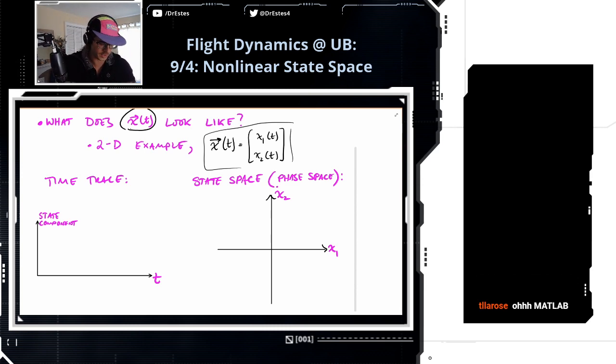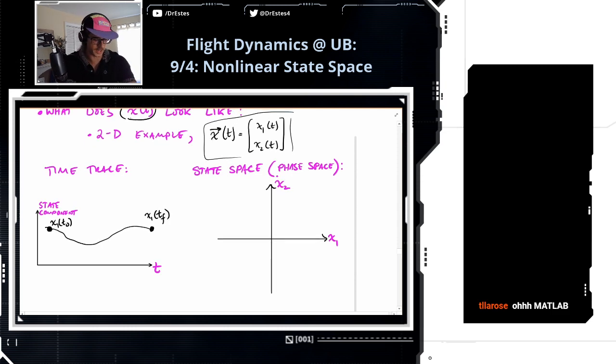So let's call this state 1, and maybe it does something like this. This is x1 at time 0 and x1 at our final time.